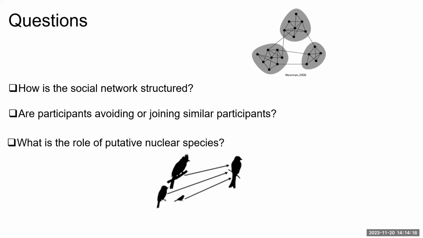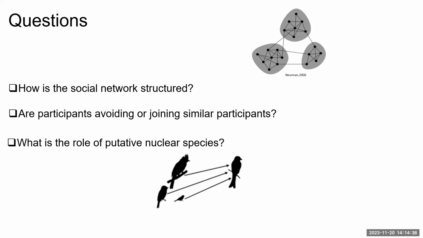In this toy figure here, the dark knots or dots may indicate different species, and the lines or edges indicate their co-occurrences. So this social network is characterized by three sub-communities.